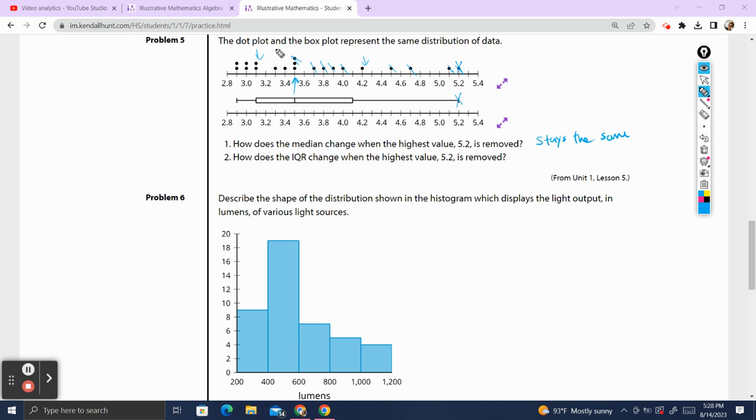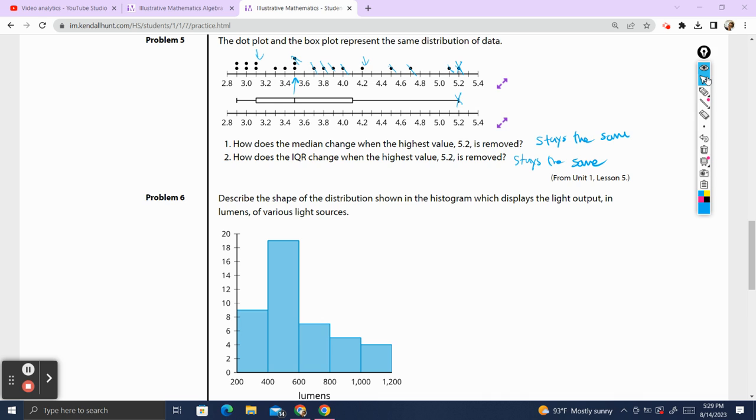In this case, I don't think the IQR changes either, because this value is going to stay the same, and the IQR isn't going to have any change. So it stays the same as well. All right. If you think I'm wrong, definitely do the calculations yourself and post in the comments and let me know what your answer is.